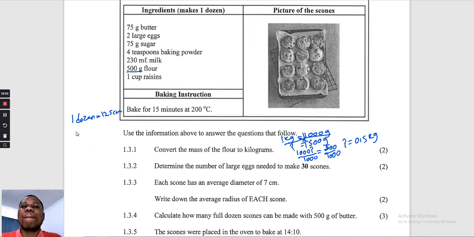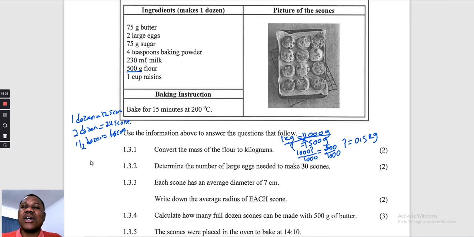So 2 dozens is going to have 24 scones. Half a dozen is going to have 6 scones.